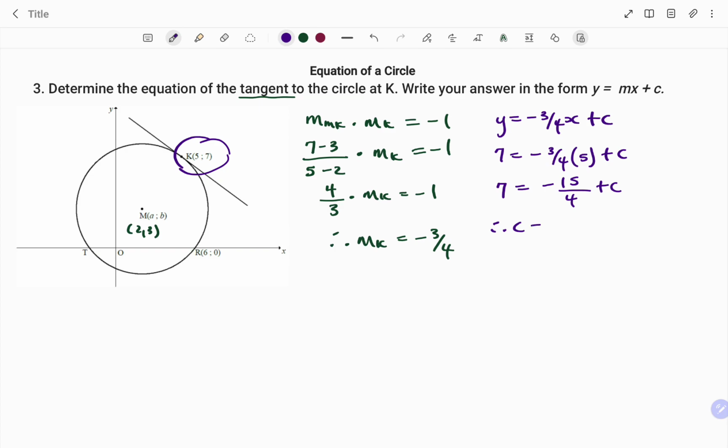Therefore, c equals 7 plus 15 over 4, which is 43 over 4. Therefore, the equation of the line that has K as a point on it, that's the tangent to the circle at K, will be y equals negative 3 over 4 x plus 43 over 4.